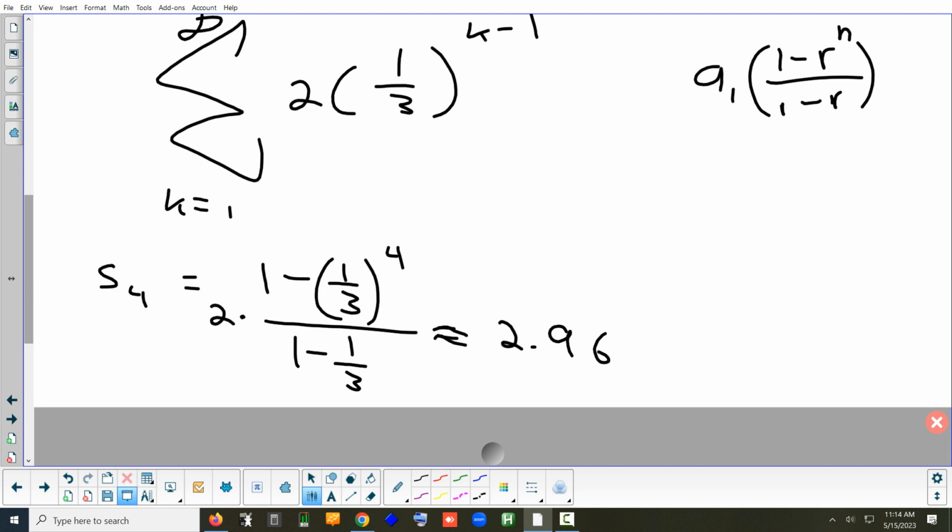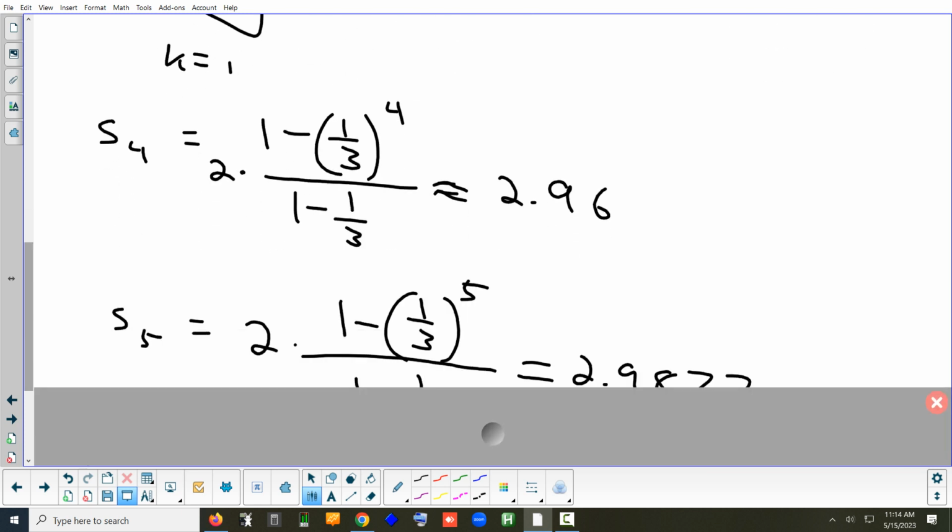2 times 1 minus 1/3 to the 4th, divided by 1 minus 1/3. Now, if you look at the first 4 terms, you can probably figure out what this is adding up to. What do you think it's adding up to? 3. Yeah.